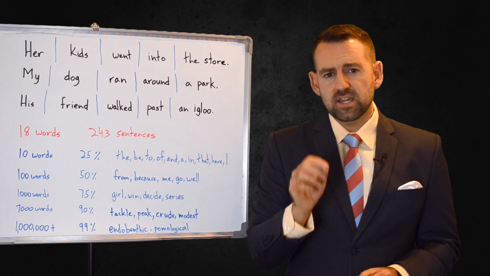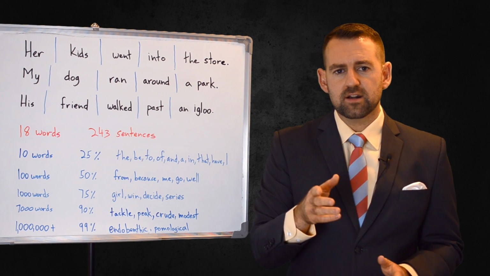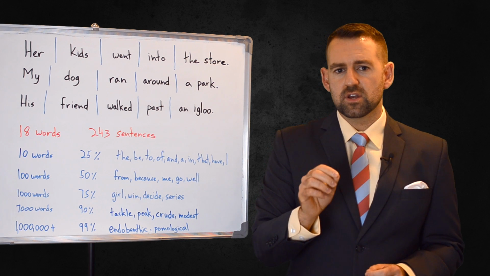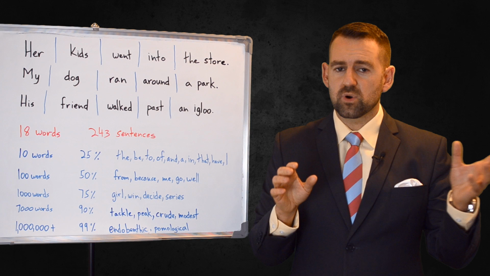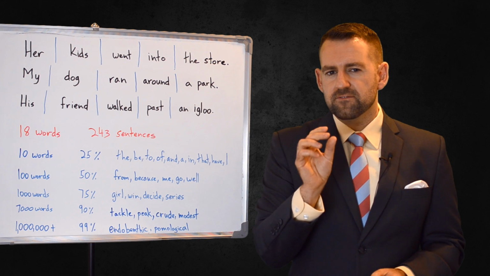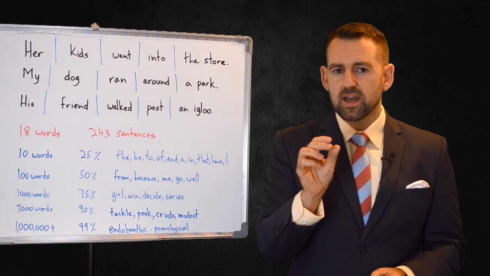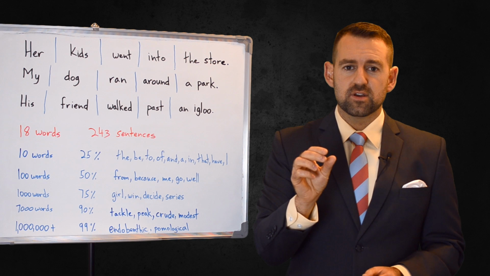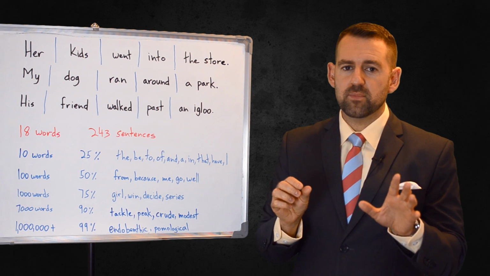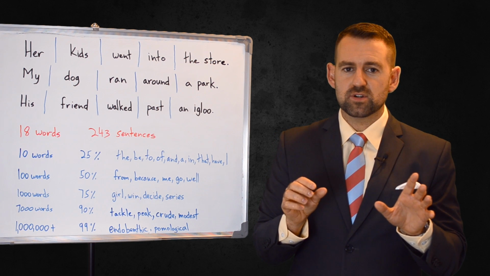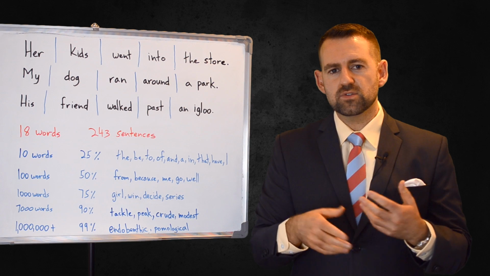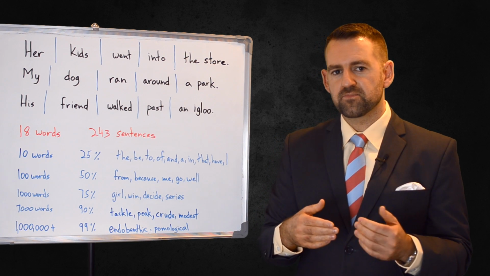Now, the secret to learning English fast is not to learn lots of words, but to learn a few words and to learn the right words, to learn the most common words in the English language, and then practice using them over and over again.